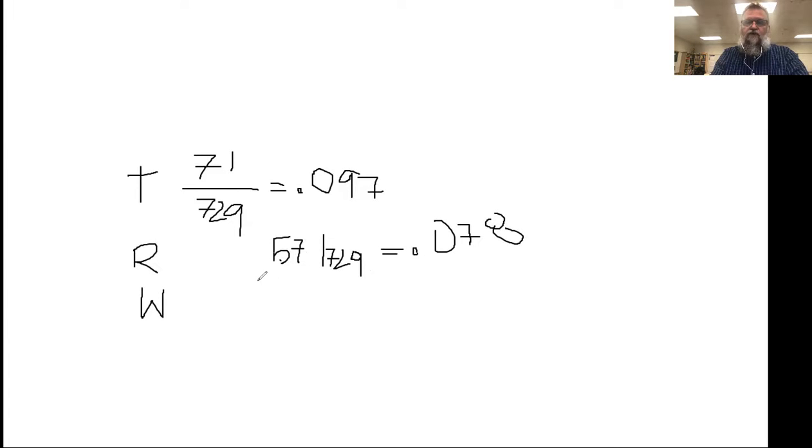And then I can do the same for my white density. I had a total of 14. So I'm going to take 14 divided by 729, and that'll give me my white bean density, which is 0.019. All right, so with the quadrat method, we're calculating density first, and then we can use the density to determine the population estimate.